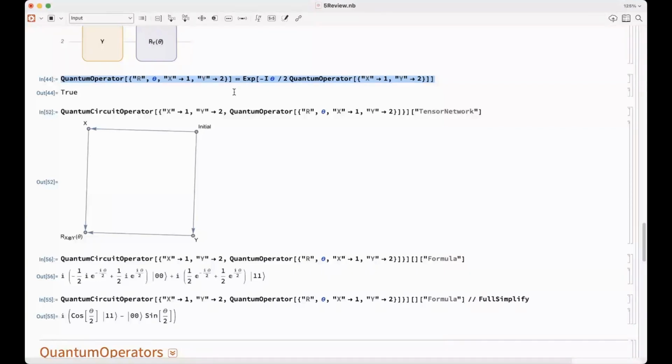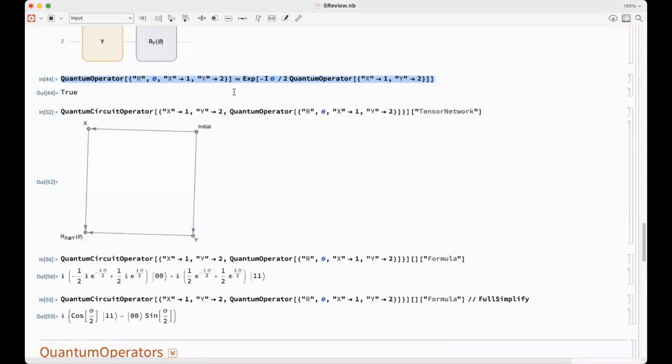We just created that manually. There are a couple of interesting operations happening here. We are applying exponential on a quantum operator. So behind the scene, we understand this sort of arithmetic applied on quantum operator, and then you can check if these two are equivalent, if these two are the same, and the answer is, of course, yes.